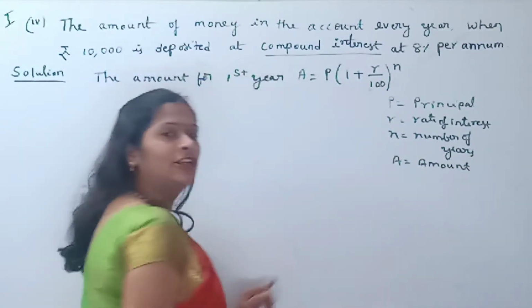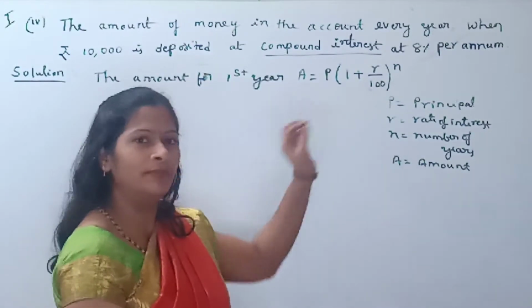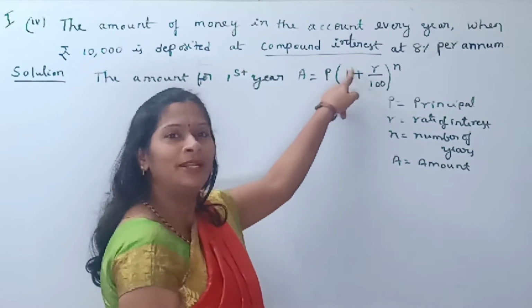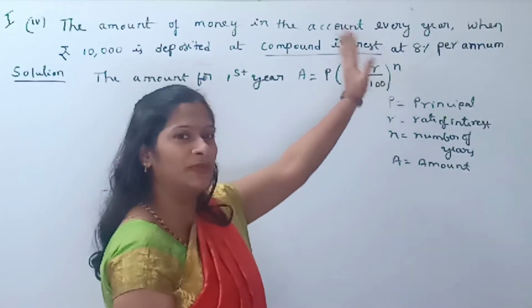So you can calculate the amount using this formula. Please remember, children: A is equal to P into (1 plus R by 100) whole to the power N.